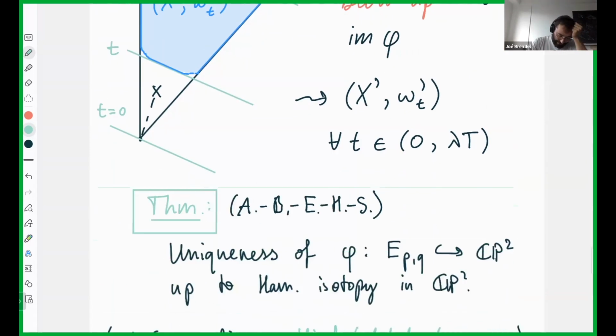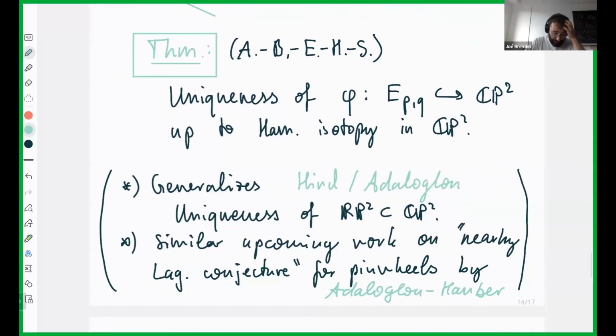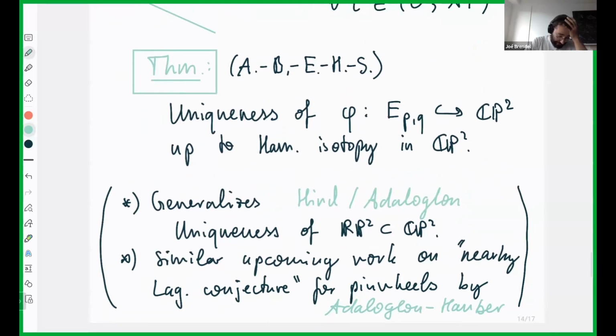And for this, I use another theorem, which is a whole different story and deserves its own talk, probably. Namely, there is a proof now of uniqueness up to Hamiltonian isotopy of Lagrangian pinwheels, and therefore also small neighboring such ellipsoids.